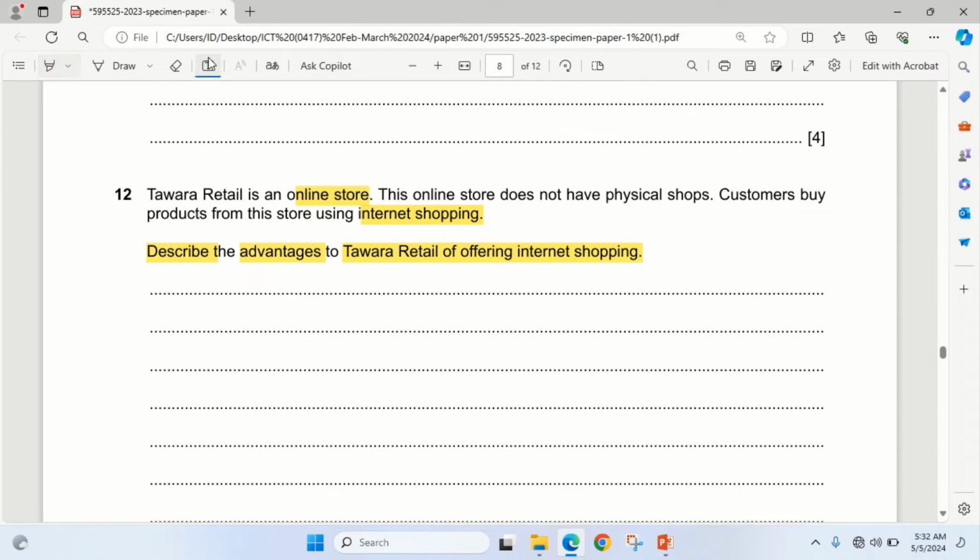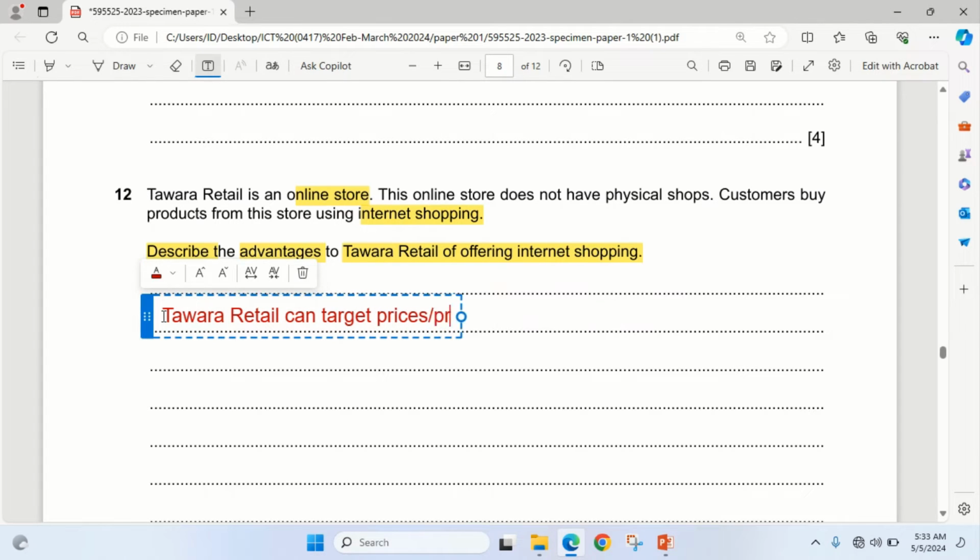So then you write and say Tawara Retail can target prices, or even their product or services at specific groups. So it is easier based on the data they have gathered over time.